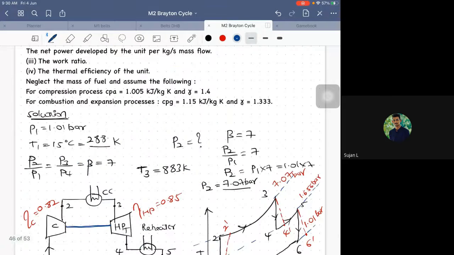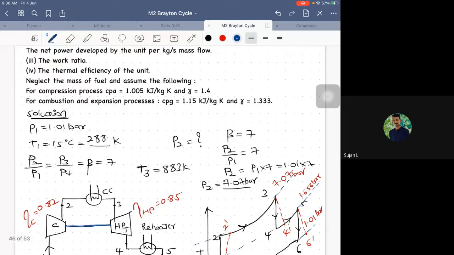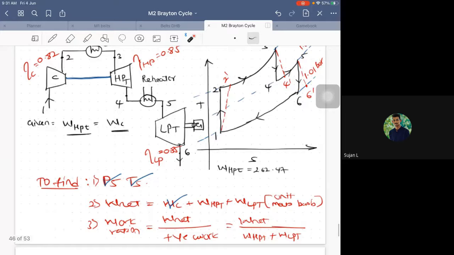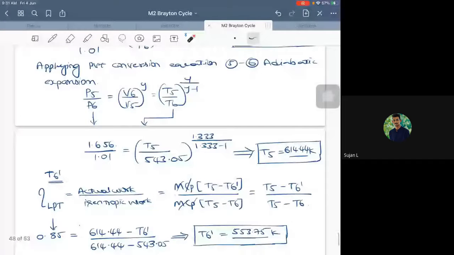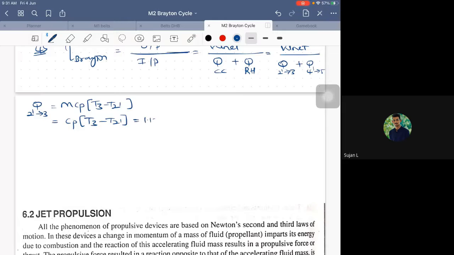For the combustion process, what is the value of Cp? It is 1.15 for combustion and expansion. Take that value: it is 1.15 into 883 minus the value of T2 dash.